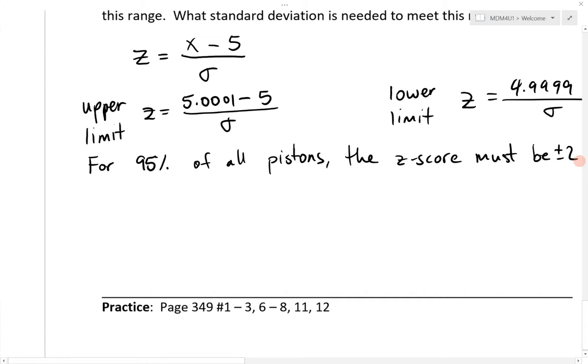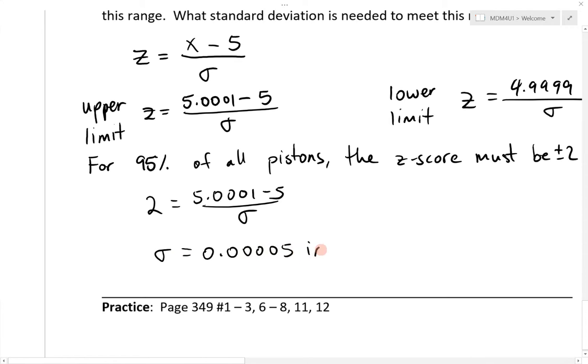Okay, so if the z-score is going to be 2, then sigma is going to be, so plug in 2 for your z-score, 5.0001 minus 5 divided by sigma. And so sigma, when I solve for sigma, is going to be 0.00005 inches. So your piston cannot deviate more than 0.00005 inches. That's your standard deviation. And that ends the several examples we're doing for section 7.3.